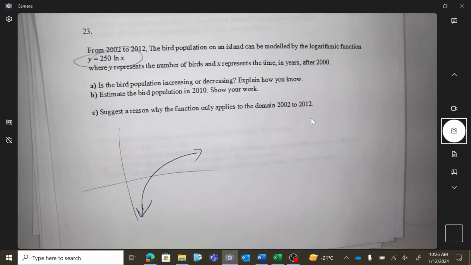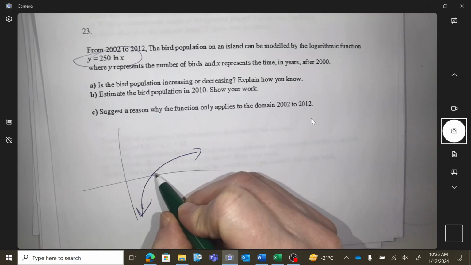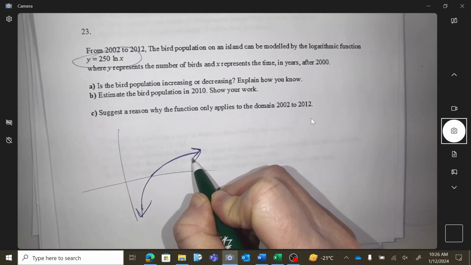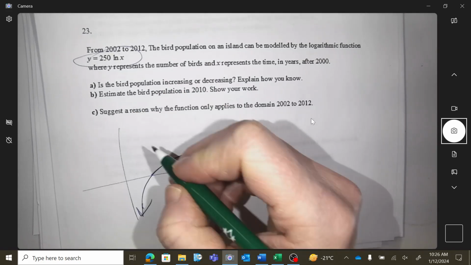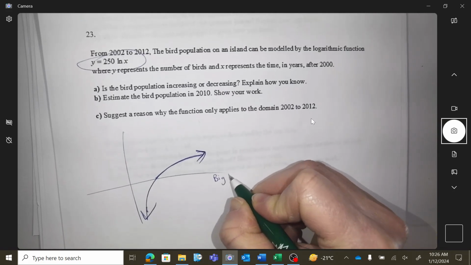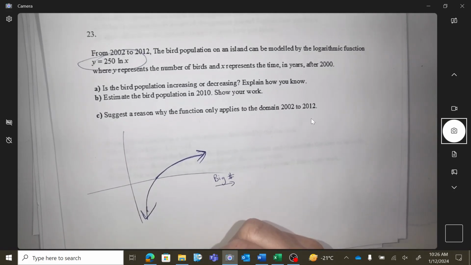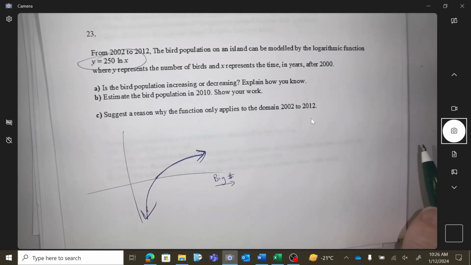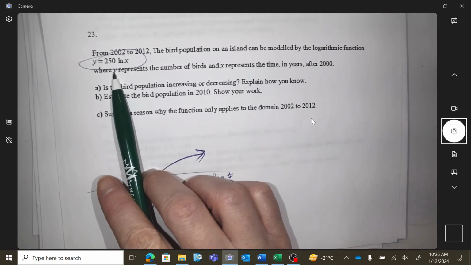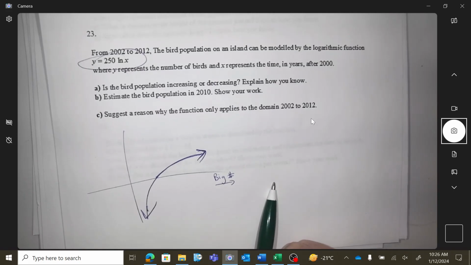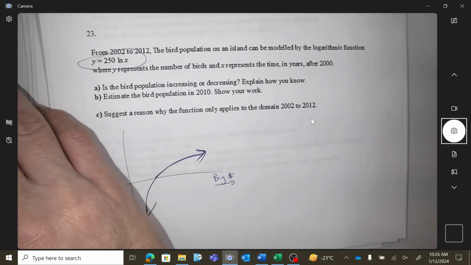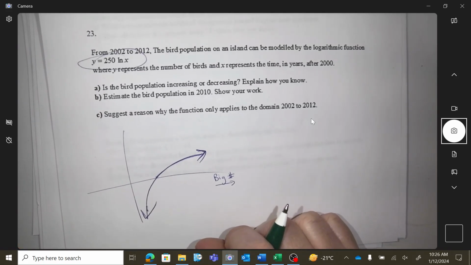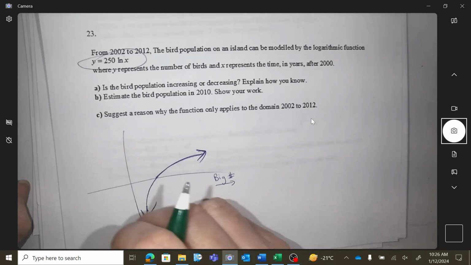Okay, what do we know about this? ln functions don't increase very fast. So we probably don't need much number on the y, but we probably need a big number on the x, but they don't increase very fast. This 250 is giving me kind of a hint. I'm thinking I want to do x big, like 500. Oh, maybe not.